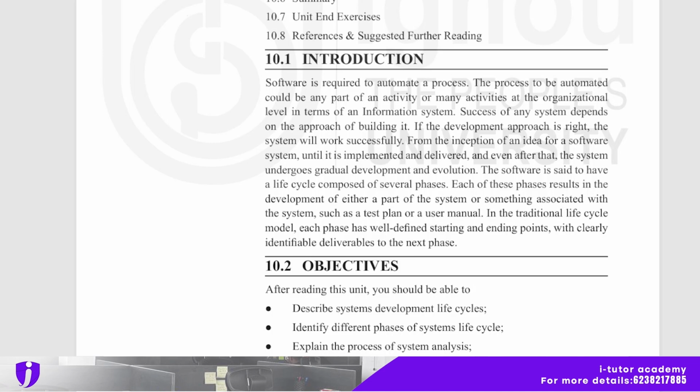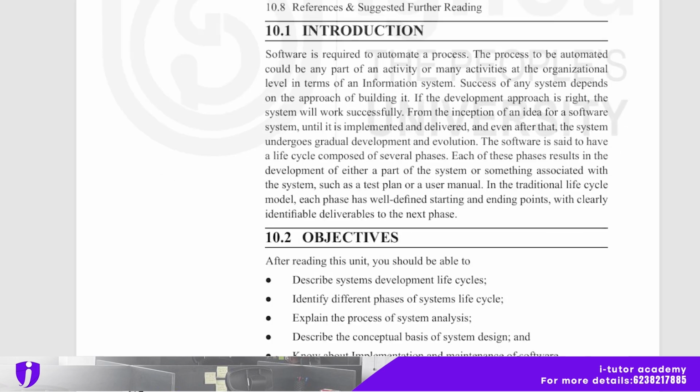So the software is said to have a life cycle composed of several phases, and each of these phases results in the development of either a part of the system or something associated with the system, such as a test plan or a user manual. In the traditional life cycle model, each phase has a well defined starting and ending point with clearly identifiable deliverables to the next phase.